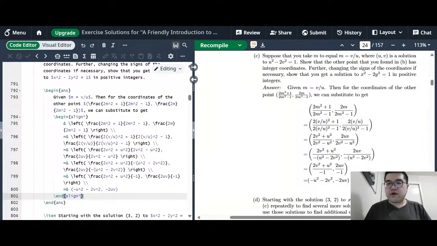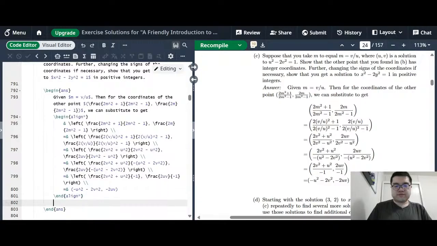But anyway, it's not going to affect our calculation too much here. Because our goal for this first sub part of the problem is showing that the other point has integer coordinates.